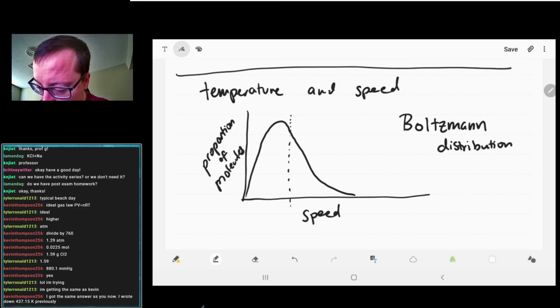Oh, that's a V. So your average speed is somewhere over there. You see the graph is skewed a little bit towards the right. We have some extra molecules that are going super fast, so that's going to skew our average just a little bit as well. We also have what's called the most probable speed.